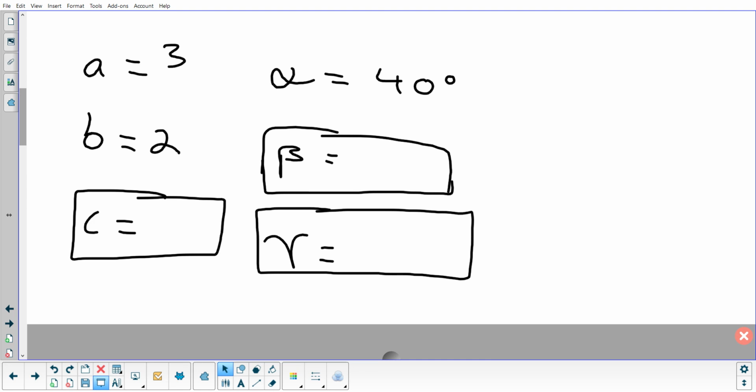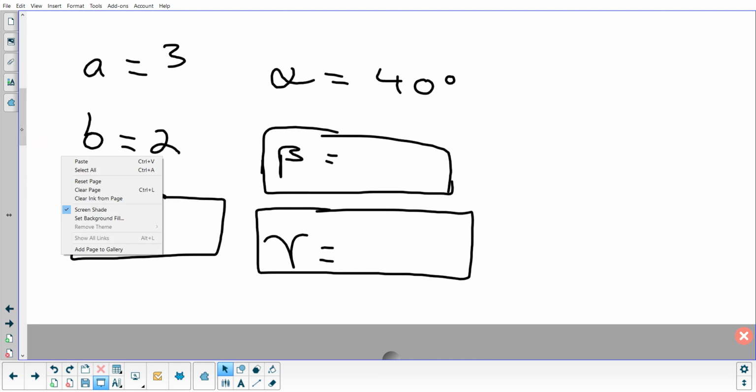Beta. You have to do beta first. If you have a row that's completely empty, you might as well just cover it. It's useless. An empty row tells you nothing. To use law of sines, you have to have a full row and a partial row. You cannot use an empty row, ever. So that's what we're going to do first.